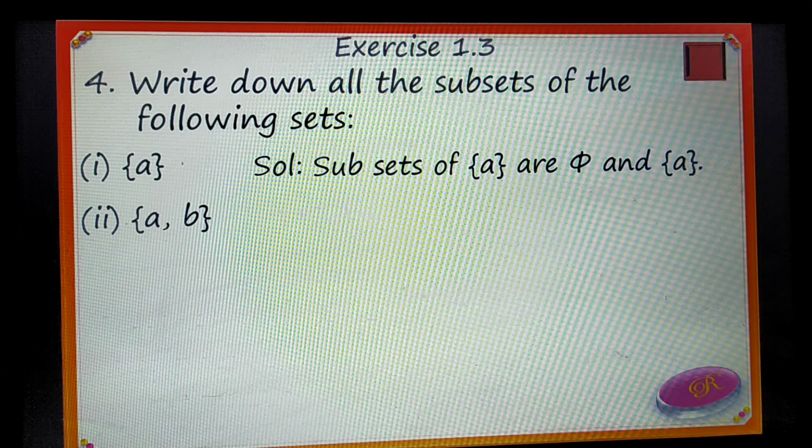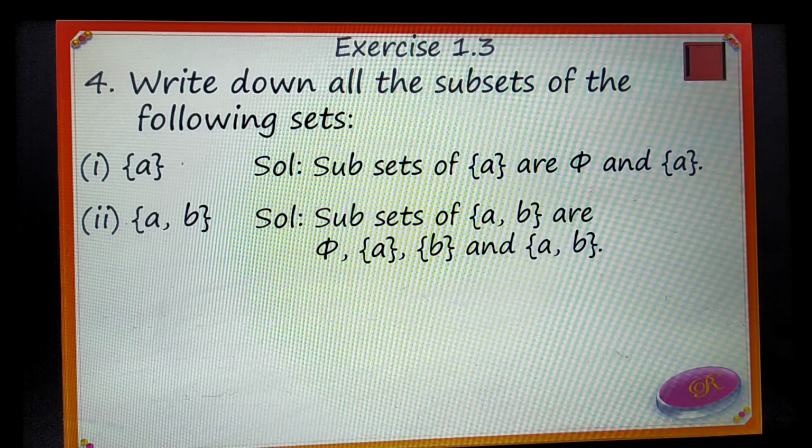Subsets of set with element A, B are empty set, set with element A, set with element B, and set with element A, B.